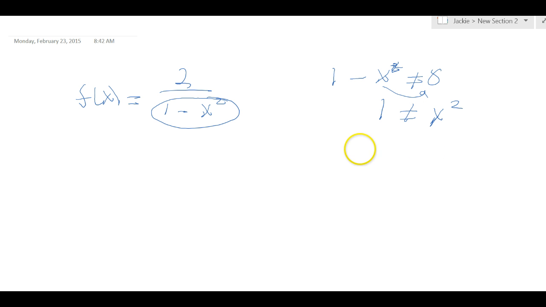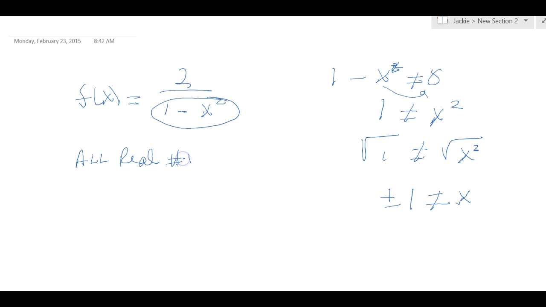I'm going to take the square root of both sides. The square root of x squared is x, and the square root of 1 is plus or minus 1. Remember, we start with all real numbers, but we do have a problem because we have a rational function.